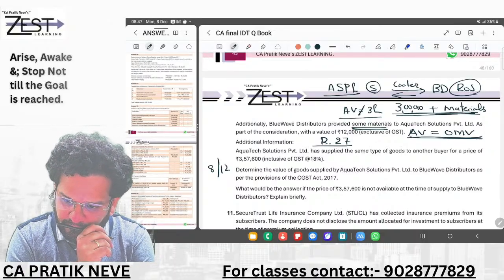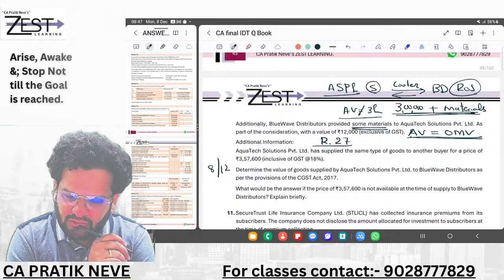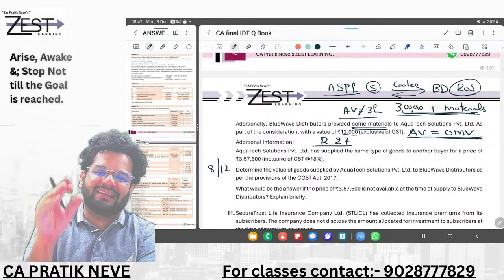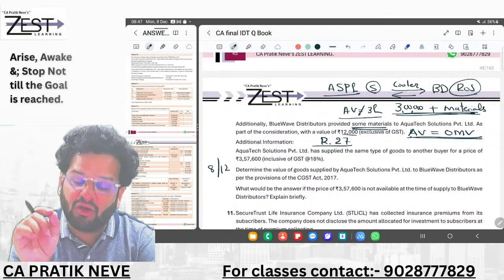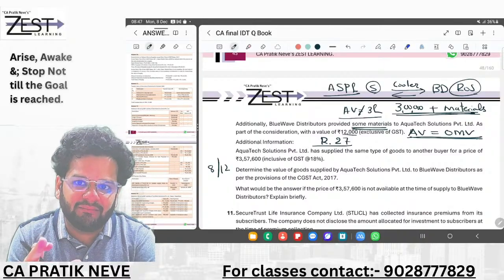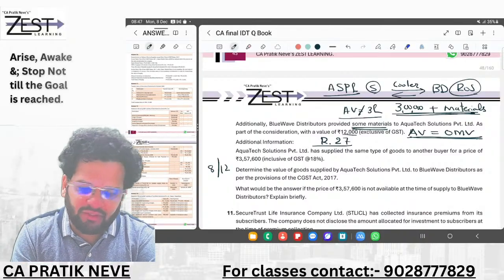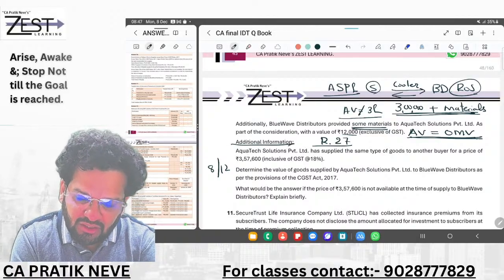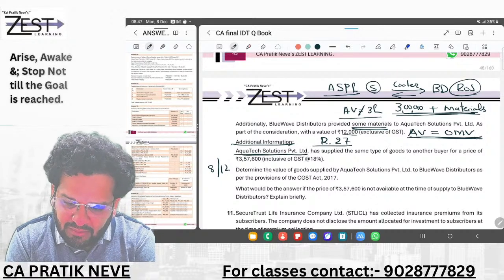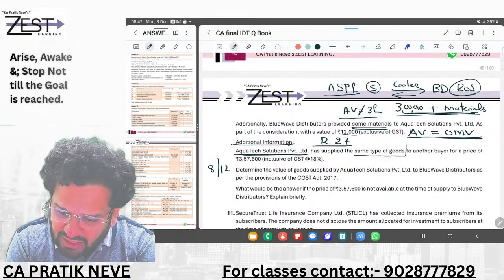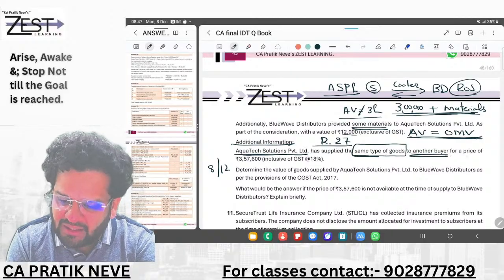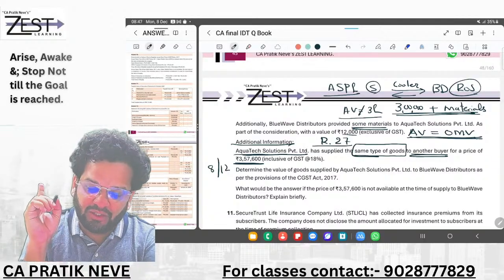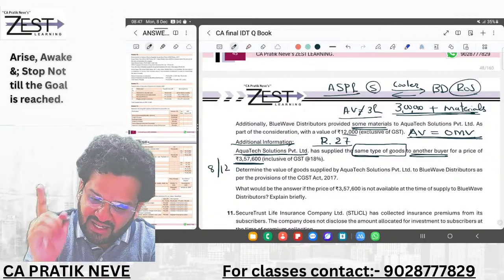As part of consideration, the materials value is 12,000, but neglect materials value firstly, because rule 27 has a clause which says that assessable value will be open market value. So let's see in additional information. Aquatech Solutions Private Limited has supplied same type of goods to another buyer for 3,57,600. Wonderful. Including GST at 18%.